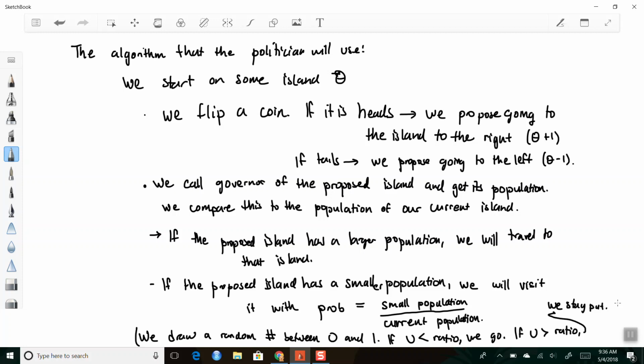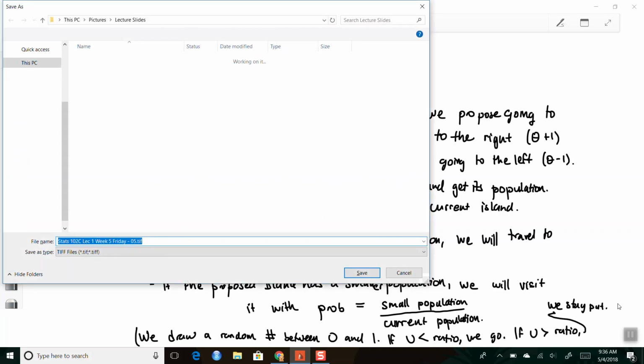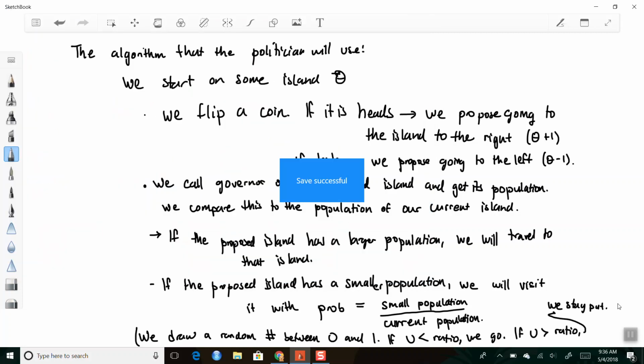That means we'll just do another visit, maybe hold another campaign event at our current island. So we'll propose the next island, and maybe we go, maybe we don't. Okay, is that okay? So let's try this out here.